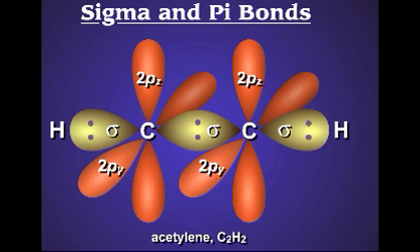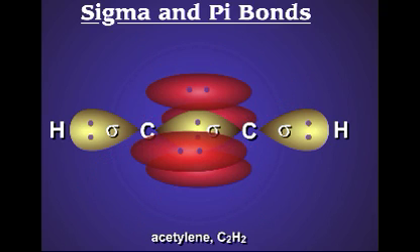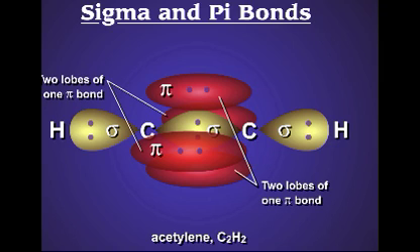So they're referred to as 2pz and 2py, and then they overlap, and each of these overlapped orbitals represents a bond. So you have, in this case, 1 above the plane and 1 below the plane, and that means that you have 2 pi bonds. So with acetylene you have a total of 1, 2, 3 sigma bonds and 2 pi bonds.